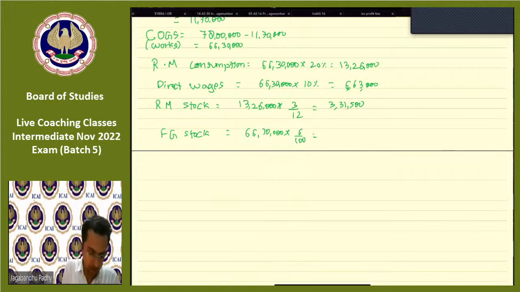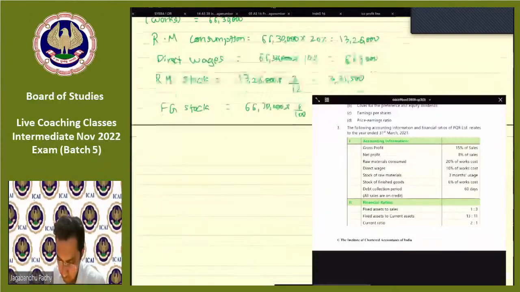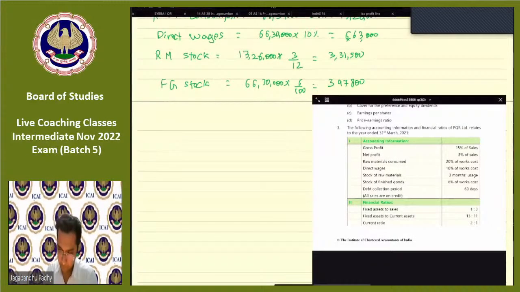It works out to be 3 lakh 97,800. That's the stock of finished goods.